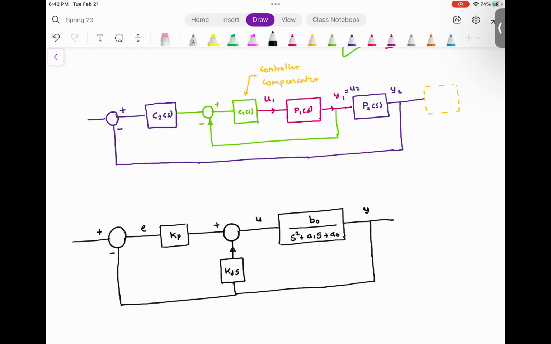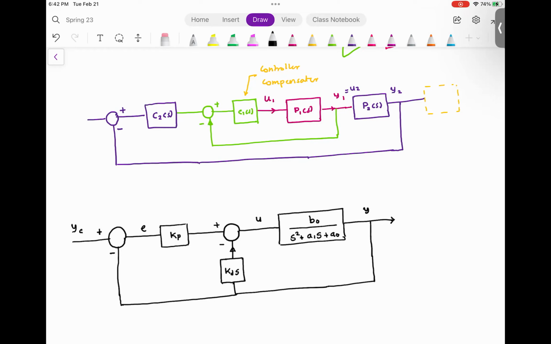Is this P control, I control, D control, PD control? PD control? Okay.